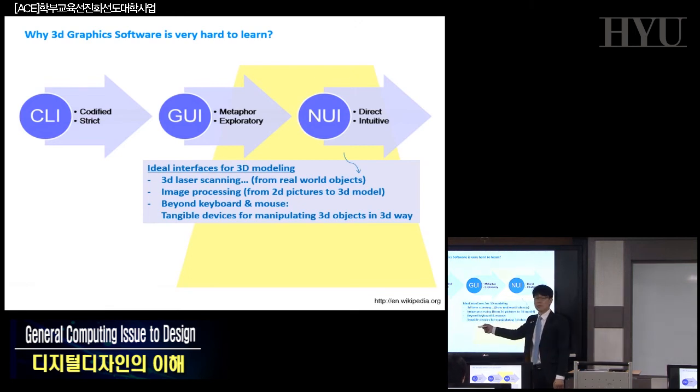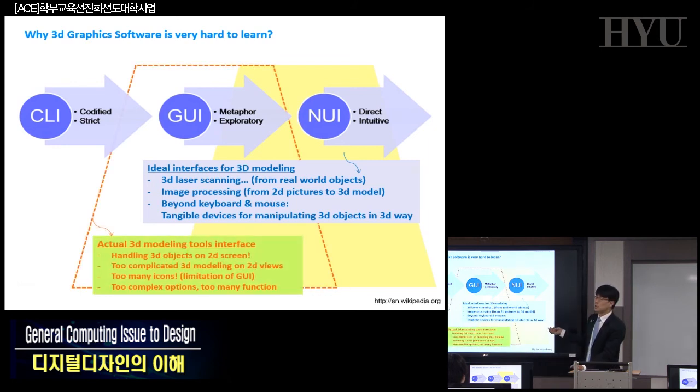Those media and devices are very useful, intuitive, and straightforward for making 3D objects. But I told you, in reality, we're going to use part of a command line interface on top of a graphical user interface.